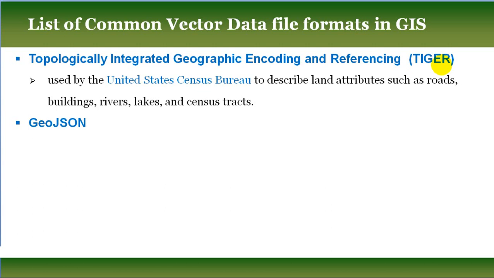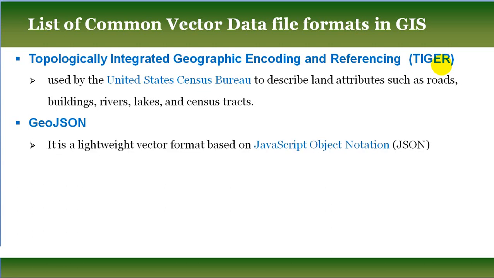There is one very popular vector file format nowadays, which is called GeoJSON. It is a lightweight vector file format. Why is it lightweight? Because this GeoJSON vector file format can also be used for representing data in a web browser.